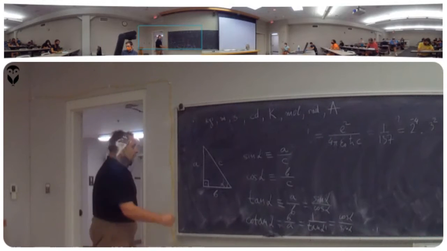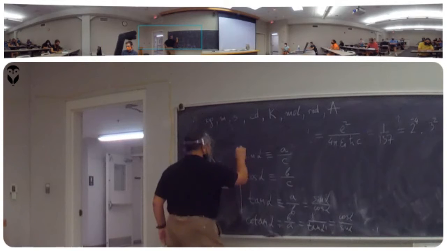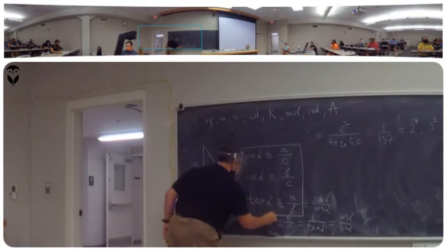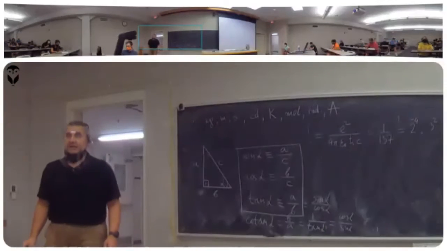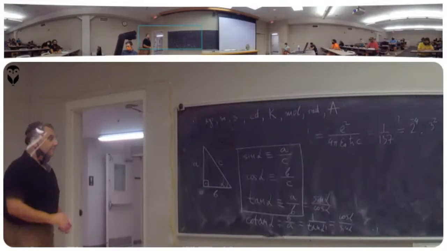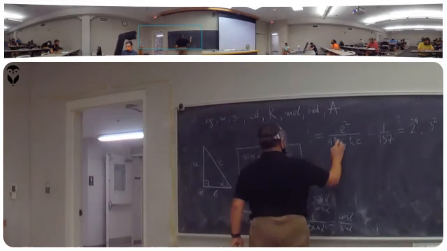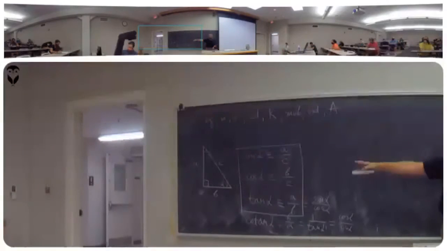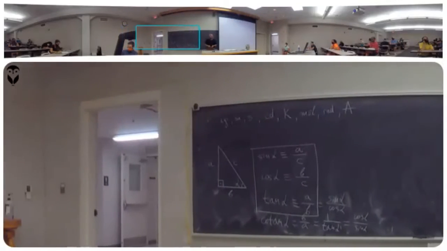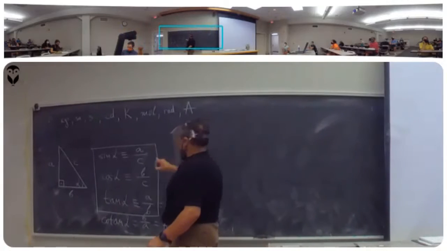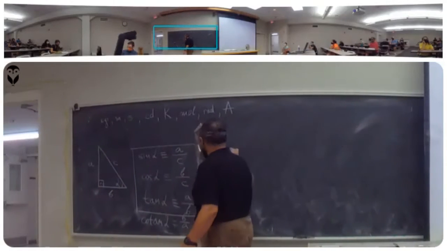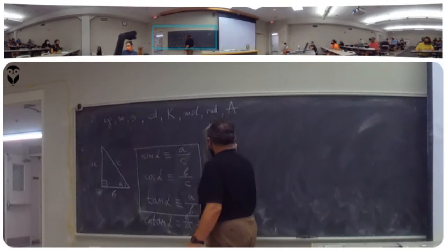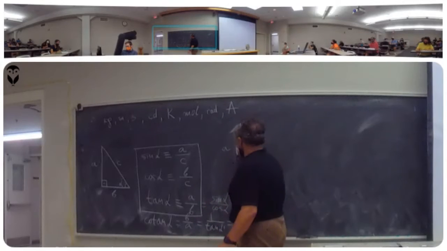It is too many definitions, but what we're going to use mostly are sine, cosine, and tangent. And very often, we're not going to use the definition in the way it is written here. For example, we can say the length of the side A is equal to the hypotenuse multiplied by the sine of the angle alpha.